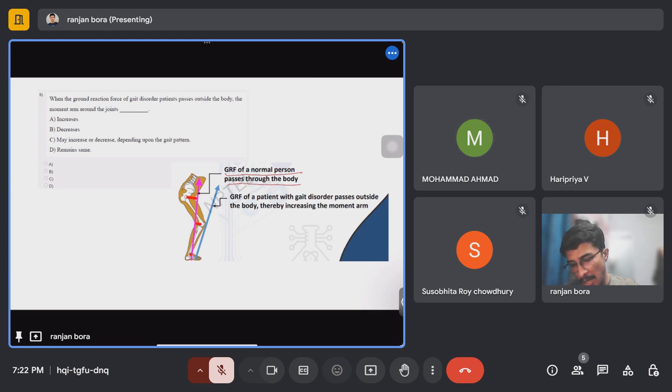But if the patient has a gait disorder, then the ground reaction force passes outside the body and it increases the moment arm. That means if we consider the hip joint, the moment gets increased by this amount, so it increases.